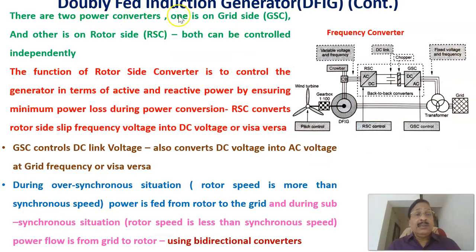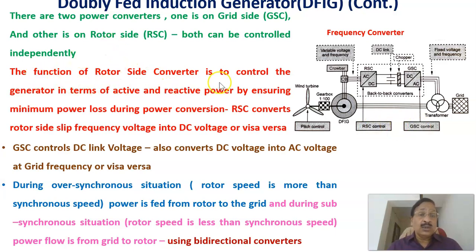Now, continuing with the doubly fed induction generator, DFIG, as I already explained, there are two power converters. One is on the grid side and another one is on the rotor side, RSC as well as GSC. Both can be controlled independently. That is, the grid side controller and the rotor side controller can be controlled independently.